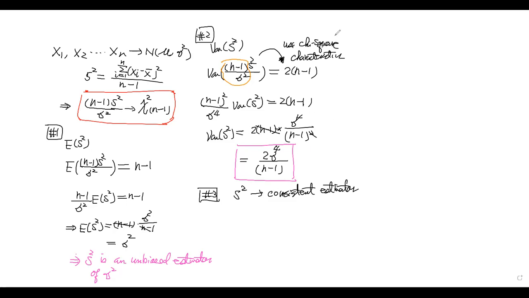In order to show this, I need to use a theorem on consistency.